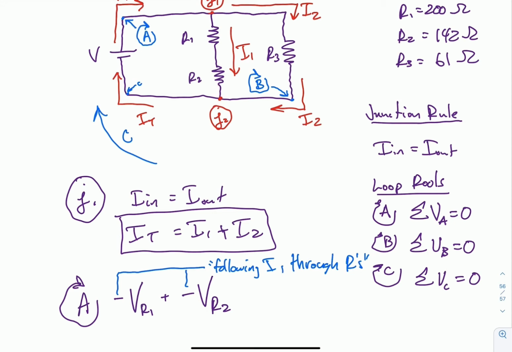And then we'll get to junction 2, and we'll have to continue on loop A until we get to the battery. And in the battery, we're going from low, the negative terminal, to high. And in our rules, we know if we go from low to high, we'll be getting a positive potential difference. So this would be plus V for the battery, or V total. And we know that the sum must be equal to 0.